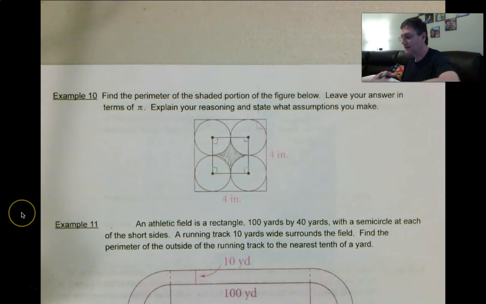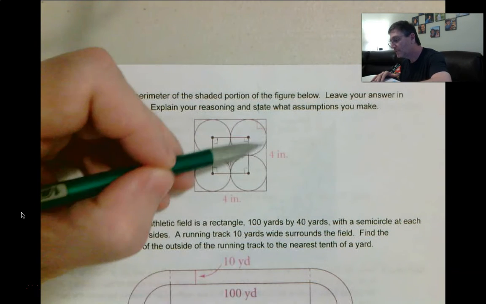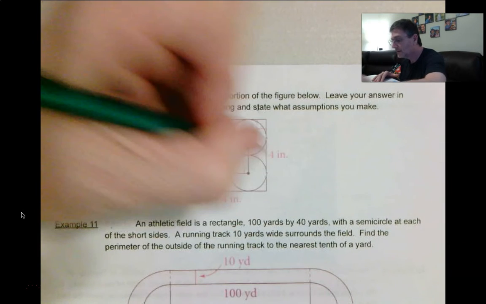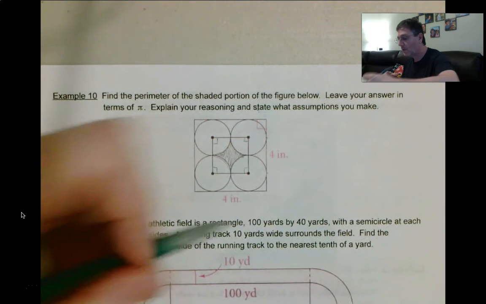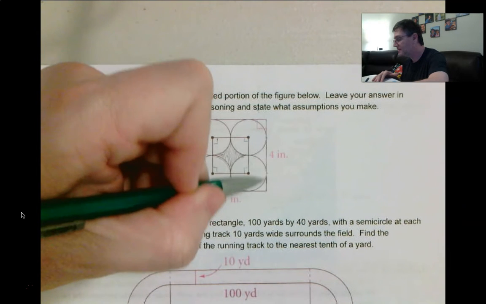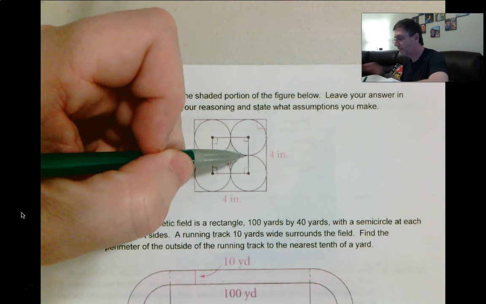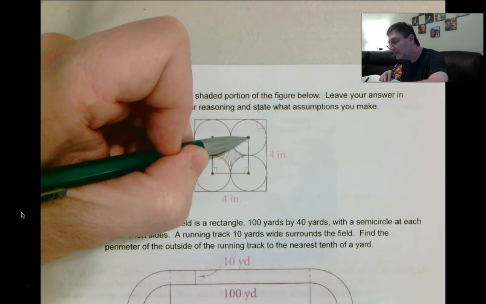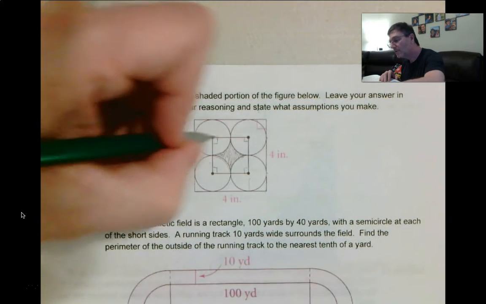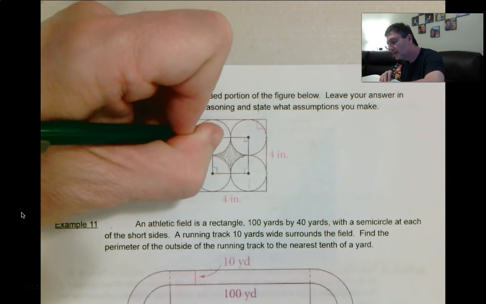Okay, so let's say this is 4 inches, the 4 inches from here to here, I think it is. So 4 inches is the whole side of the square. Okay, so the 4 inches is the entire side of the square, which means that the radius, so 1, 2, 3, 4, we have a radius of 1 inch.